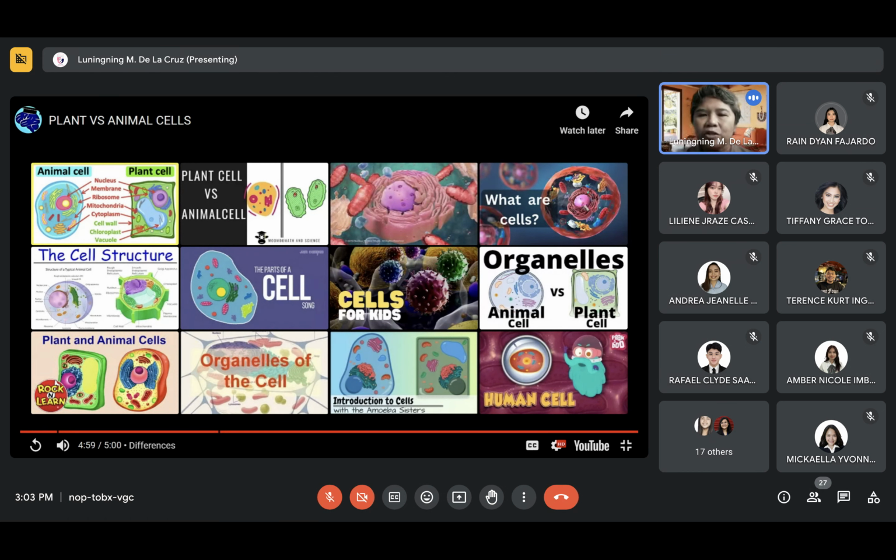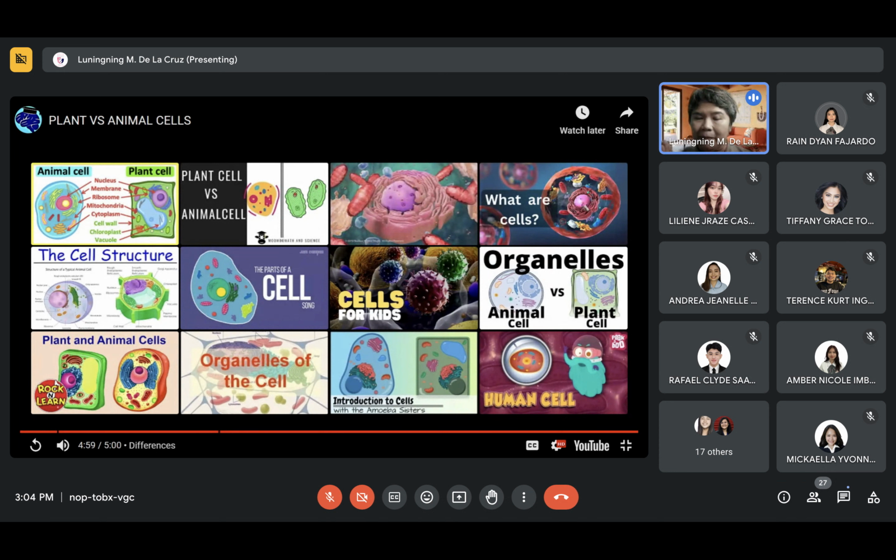What is the function of the cell wall? Class, what is the function of the cell wall for the plants? For protection and support. Sige, that's good. Okay, tama naman yon.